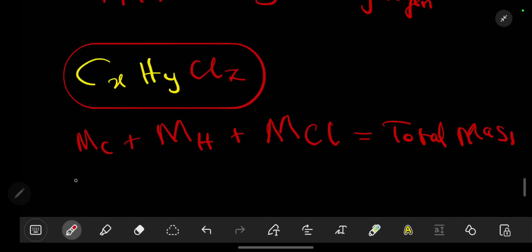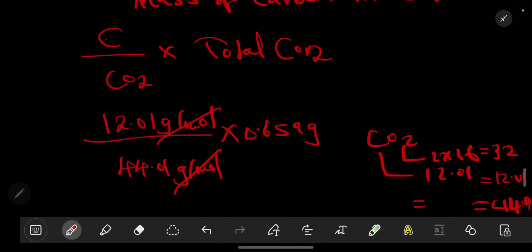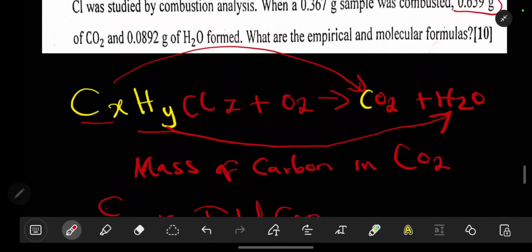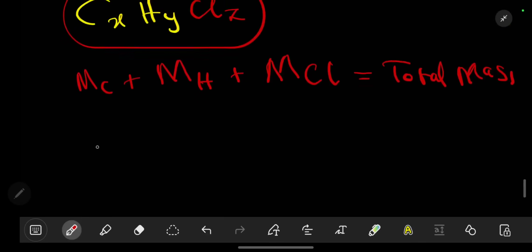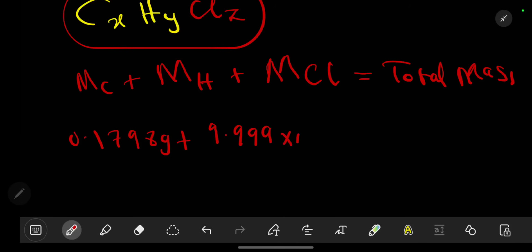So the mass of carbon, we found it to be 0.1798 grams, plus the mass of hydrogen, which we found to be 9.999 times 10 to the power negative 3 grams, plus the mass of chlorine, which is unknown, should be equal to the total mass.